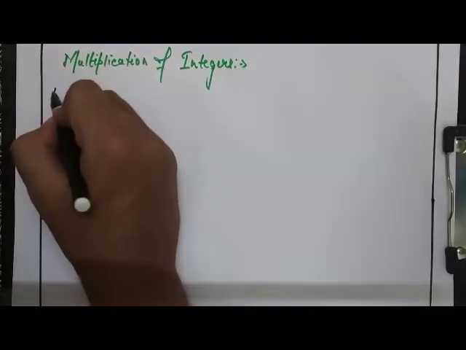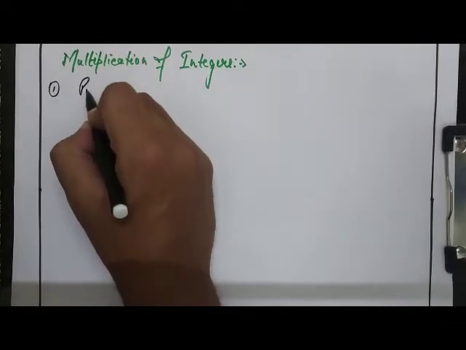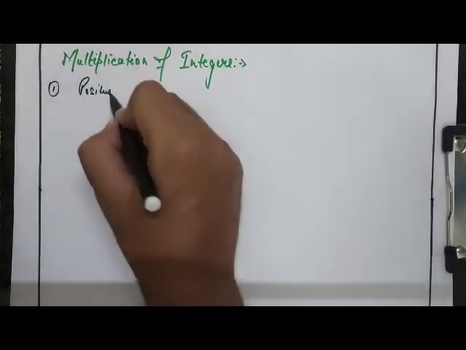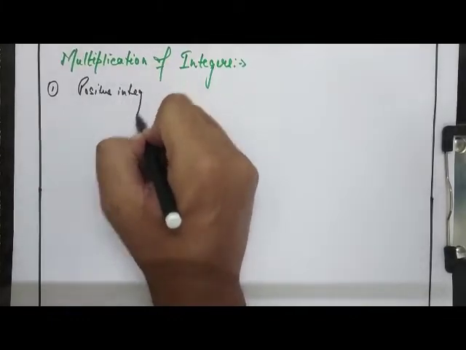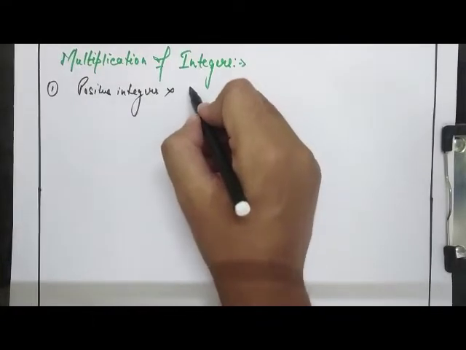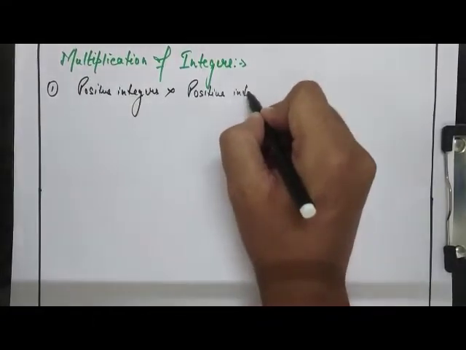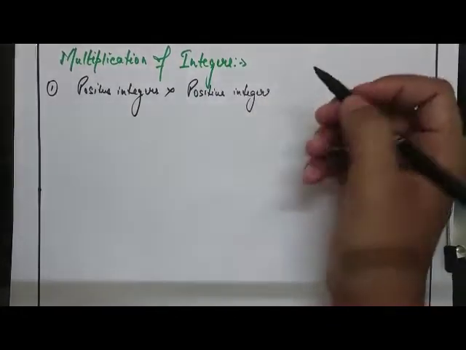The first case: what happens when a positive integer is multiplied by another positive integer? This is the question.